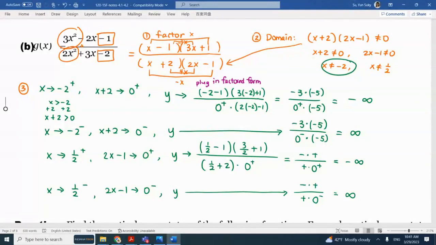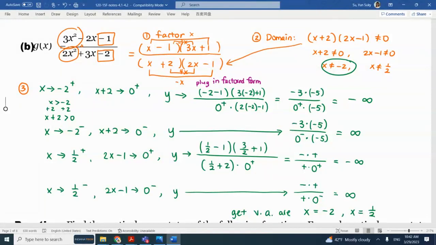Okay. So we actually get vertical asymptotes at x equals -2 and x equals 1/2. If you want to draw the picture, you have -2 here, and you have 1/2 here.